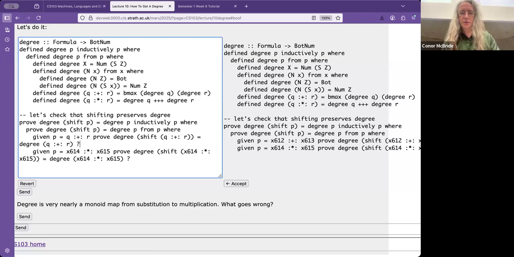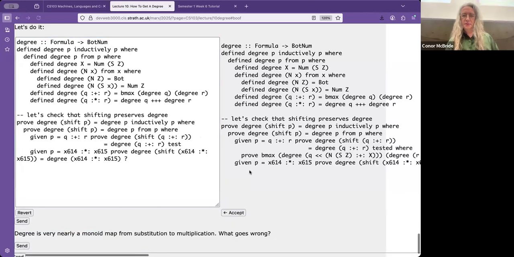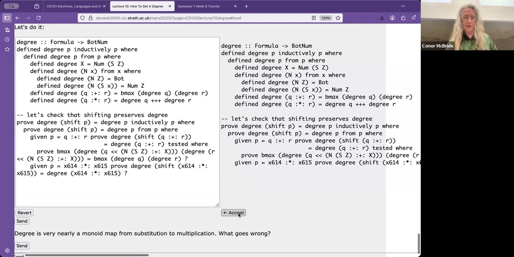And we know we're going to do induction and then test, because that's just life. And then it gives us an ugly expansion of shift again.